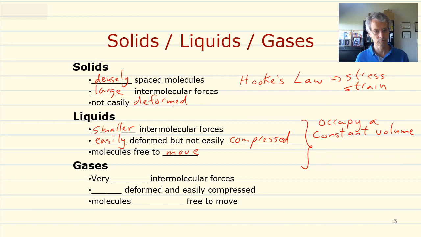And later in the chapter, we'll talk about the compressibility of liquids and how we quantify that. So we know that the molecules in a liquid are free to move because when we fill a glass of water, the water moves and conforms to the container. So we could say that liquids conform to a container while maintaining a constant volume.